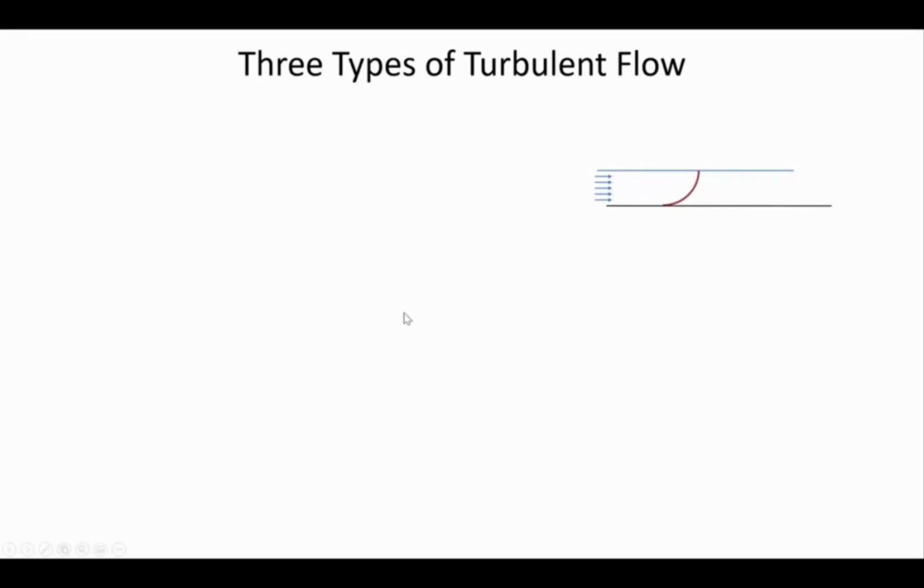Flow classification. We've talked about laminar versus turbulent flow, right? Where laminar flow is when the Reynolds number is less than 2,000. Turbulent is where the Reynolds number of the flow is more than 4,000, and in between is transition.